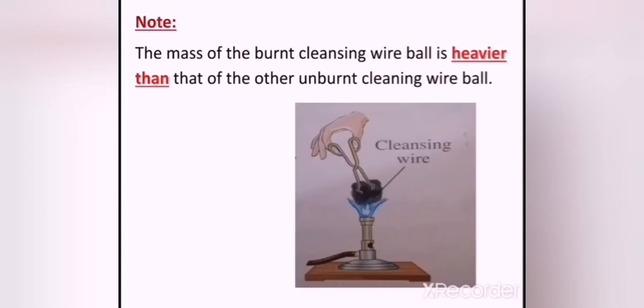Like if you burn a cleansing wire pole, the mass of the burning cleansing wire pole is heavier than that of the unburned cleansing wire pole, because before the burning its mass is the iron, but after the burning its mass equals the mass of the iron plus the mass of the oxygen.